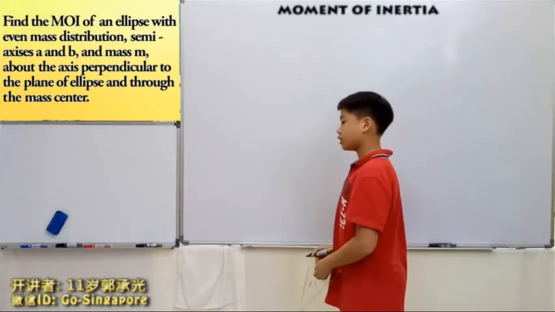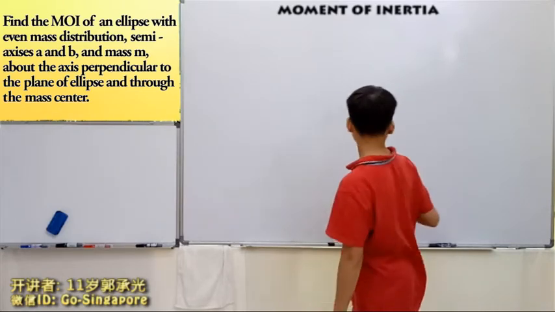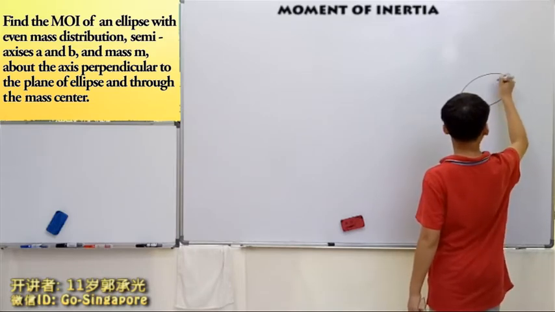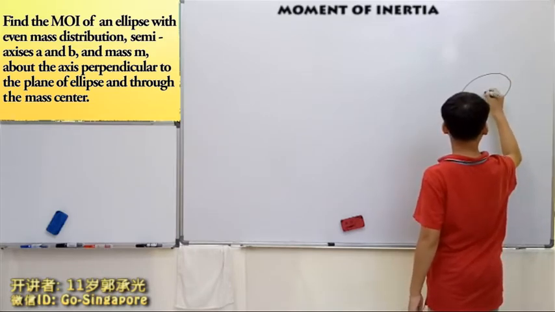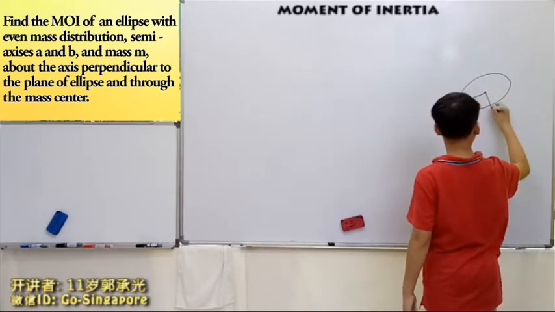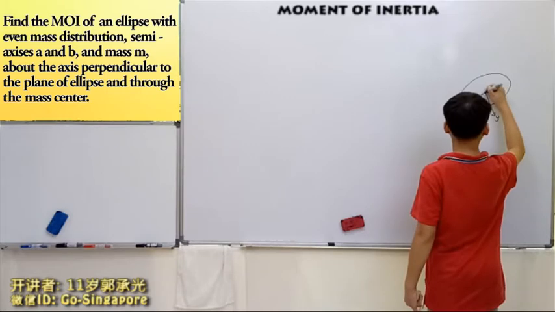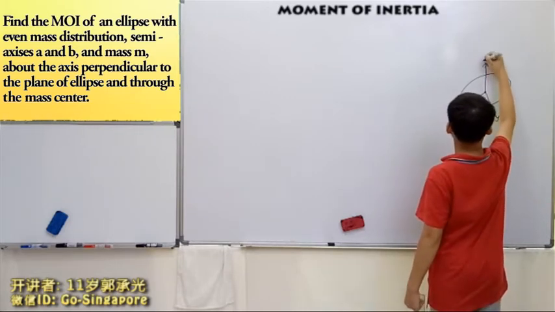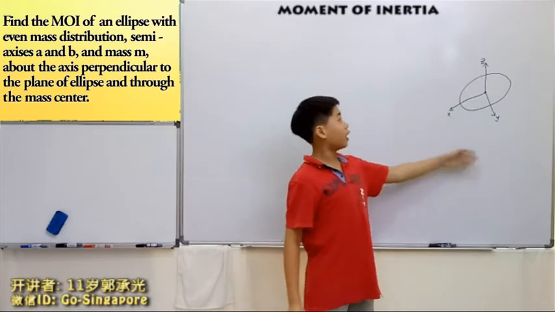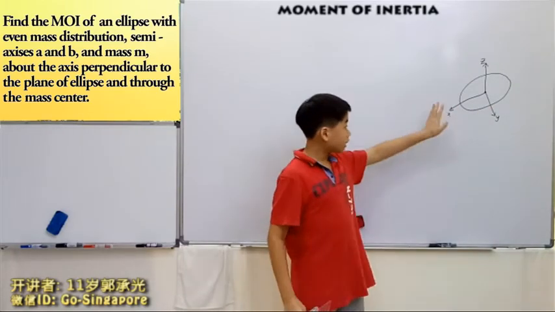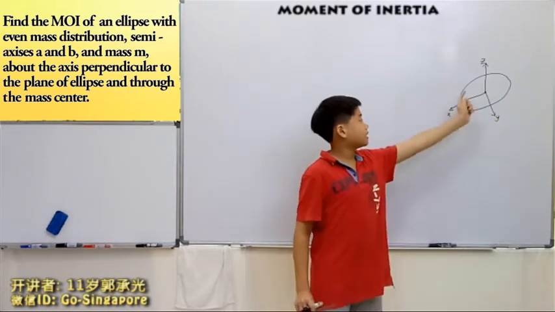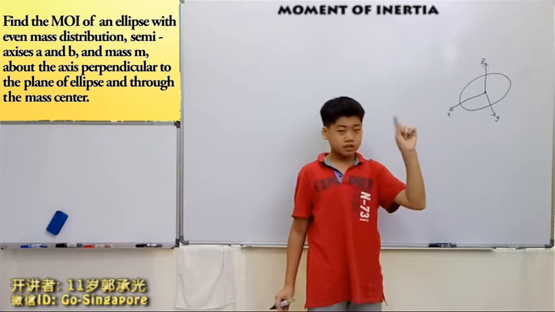This is an ellipse. I drew out the axes X, Y, and Z to show this is on the X, Y plane, but its rotation axis is the Z.